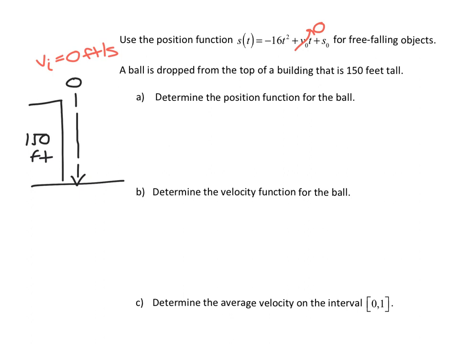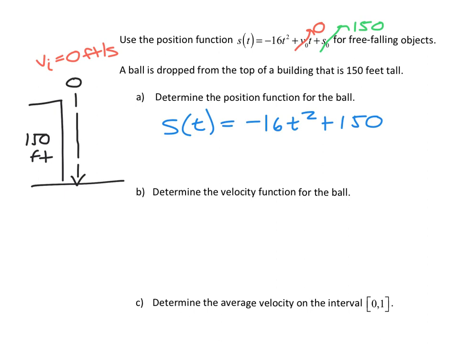The initial height is going to be s sub 0, which is 150 feet. So in part A, when it says write the position function, I have s of t is equal to negative 16t squared plus technically 0t, so I don't have to write that, plus s sub 0, which is 150. That's my initial height there. And that's all it wants.